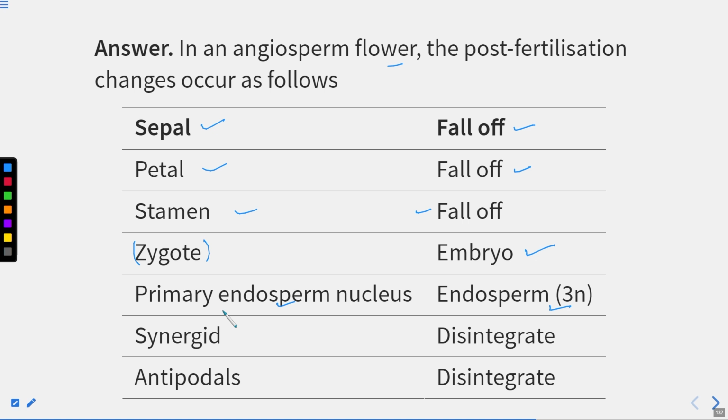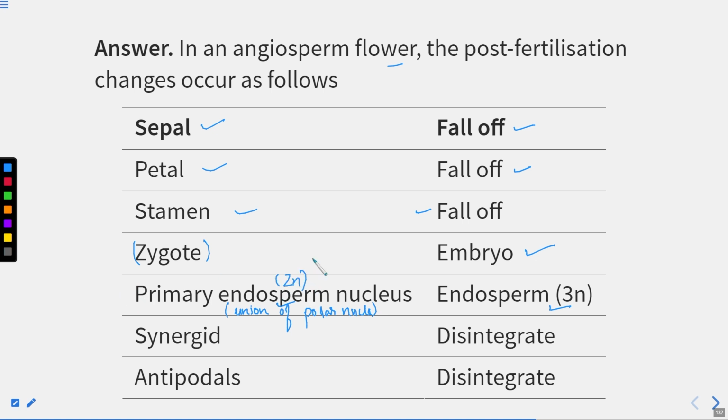So how is the primary endosperm nucleus formed? It is formed by the union of the polar nuclei. I have already explained polar nuclei or polar cells when we were studying the ovule. The two polar nuclei are present in the embryo sac, and these two fuse together to form the primary endosperm nucleus, which will be diploid.